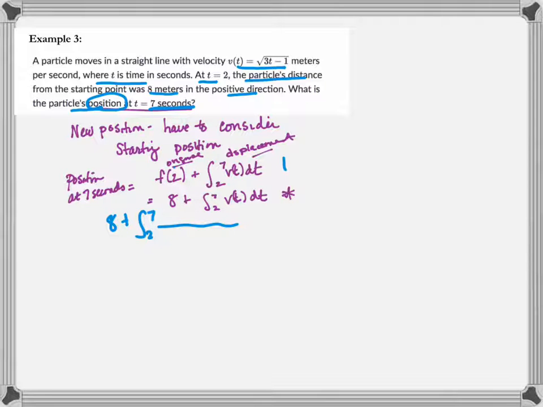So if you were writing this out on an FRQ, you would write position at 7 seconds is equal to f of 2, what it was at 2, or you could just put 8 since you don't really have the function, plus the integral from 2 to 7 of v of t dt. No absolute value here, right? You're just doing the net change. So that's what you would do for that.